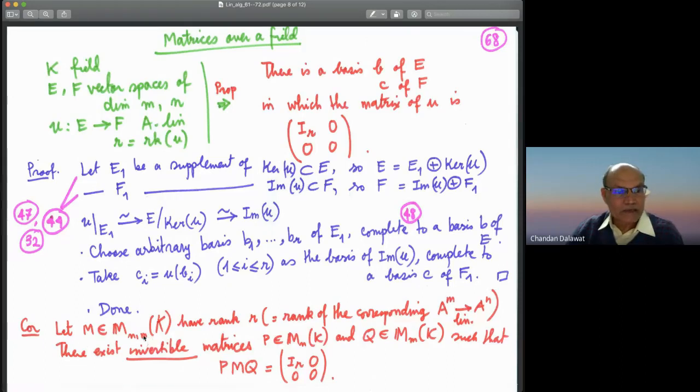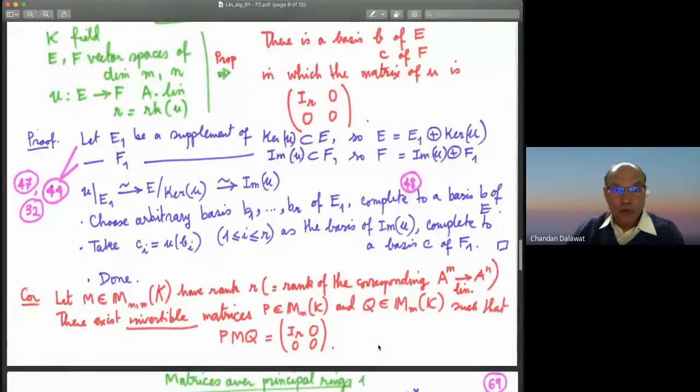To multiply this matrix on the left by a square matrix, it has to have size n, and to multiply it on the right by a square matrix, it has to have size m. In any case, what is being said is that there are invertible square matrices P and Q of size n and m respectively, such that PMQ is this matrix with IR in the left upper block and zeros elsewhere.